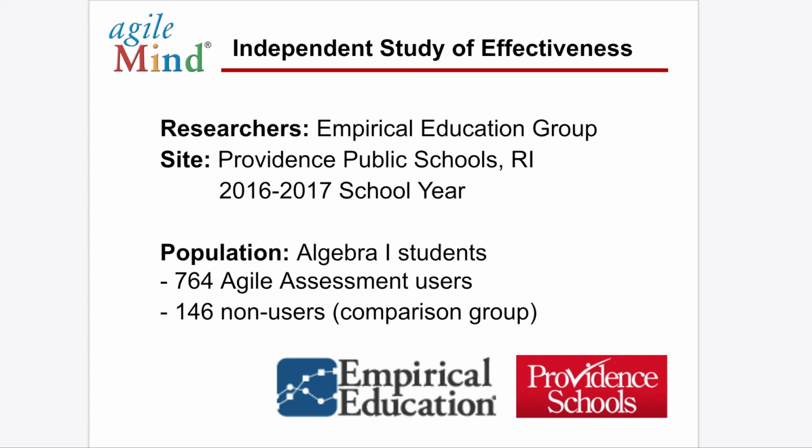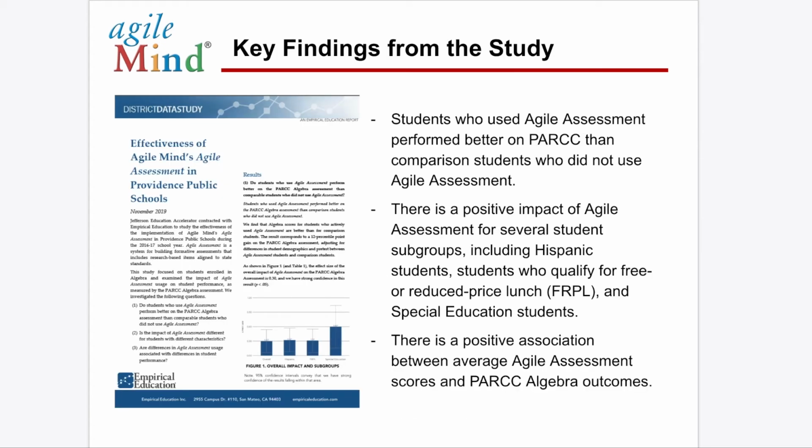The researchers found a positive impact of Agile assessment for several student subgroups, including Hispanic students, students who qualify for free or reduced price lunch, and special education students. The result corresponds to a 12 percentile point gain on the Park Algebra 1 assessment, adjusting for differences in student demographics between Agile assessment students and comparison students.